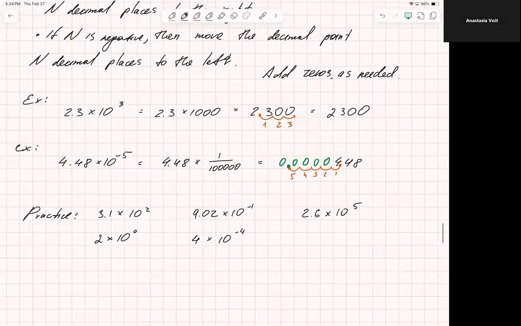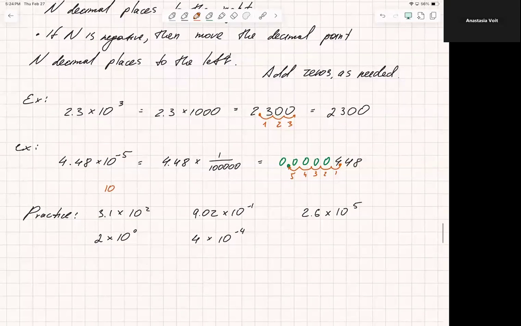Now the next example is 4.48 times 10 to the negative fifth power. Remember, if n is a negative value, that means the original number would be really small. It will be less than 1 but bigger than 0. Remember that 10 to the negative nth power is the same thing as 1 over 10 to the positive nth power.